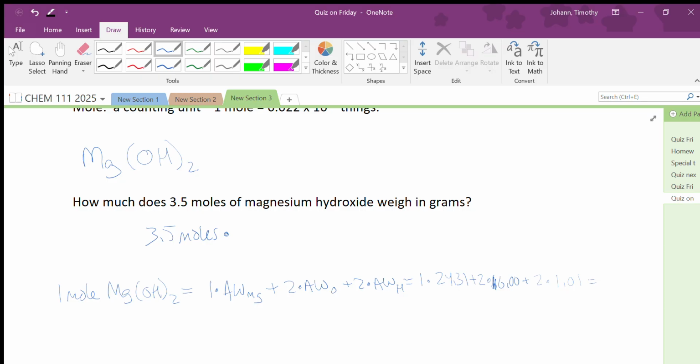Like I've said before, try and get used to what your calculator does, because once you learn what you can trust it for, then you can move faster. All right, I got 58.33. Everybody get that or something pretty close? Okay. So I'm going to just write that, 58.33.